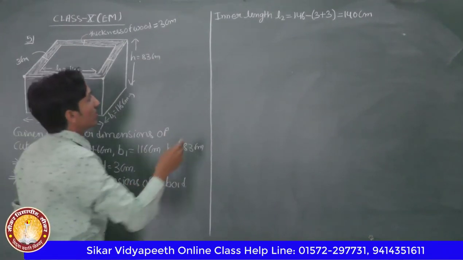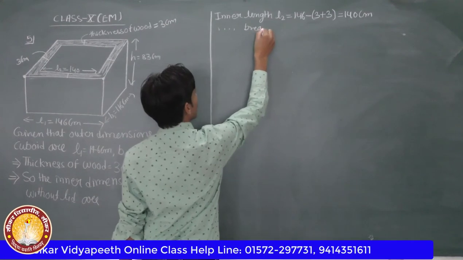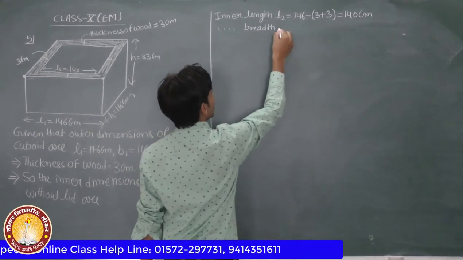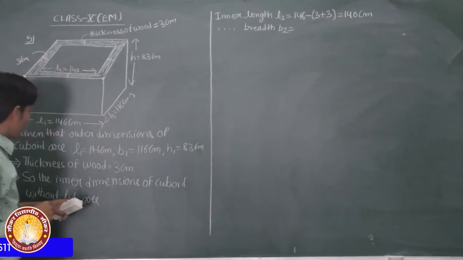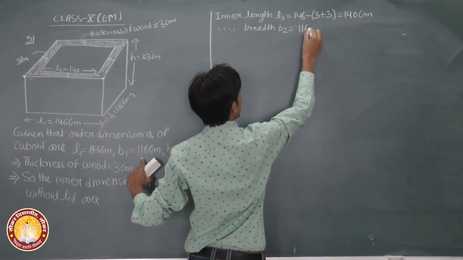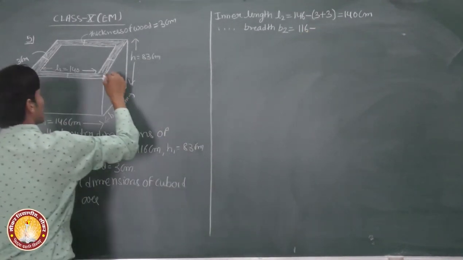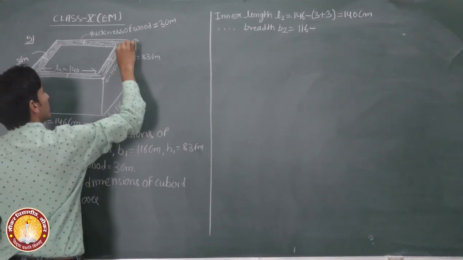Next, inner breadth B2. Outer breadth is 116.